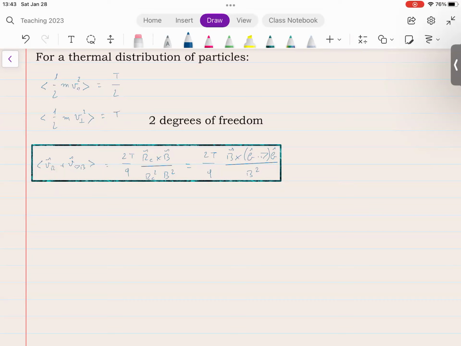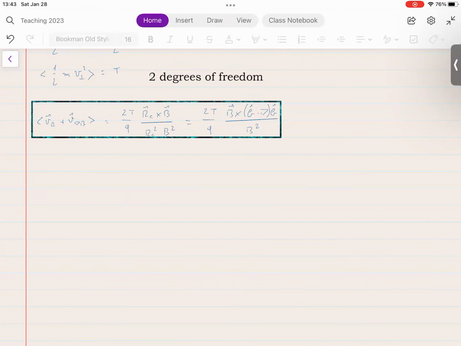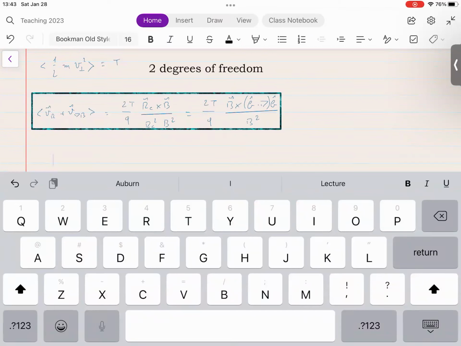All right, so that was a little more information about drifts. But if you remember, that wasn't that long ago, I promised that there would be a bit of a break.